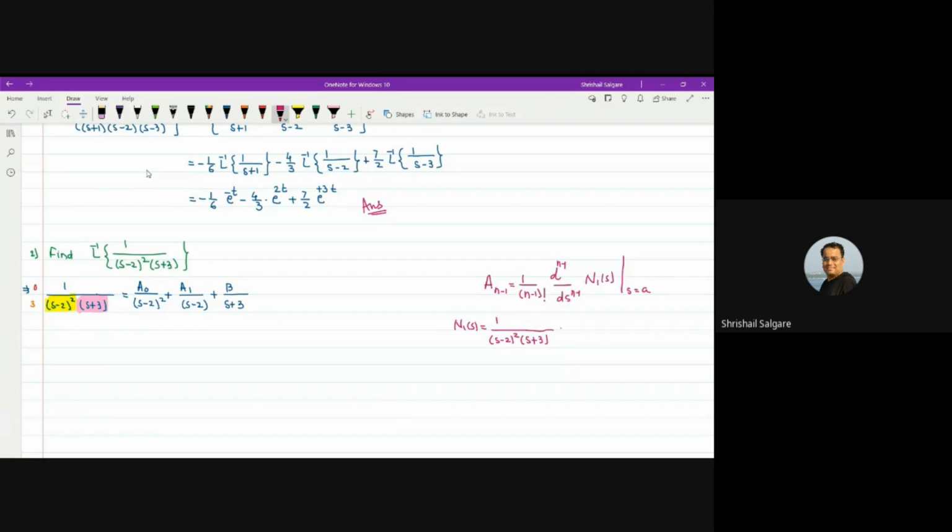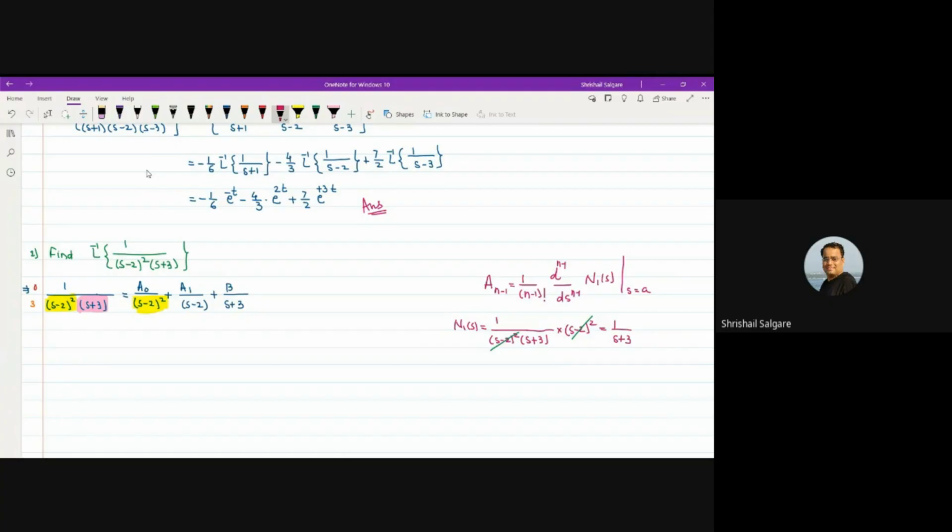Now for this factor, you have to multiply by the repeated factor with its order. What is that factor? It is highlighted in yellow: s minus 2 square. And that factor you have to cancel, since it appears the same in numerator and denominator. What is the remaining? The remaining one is 1 upon s plus 3.